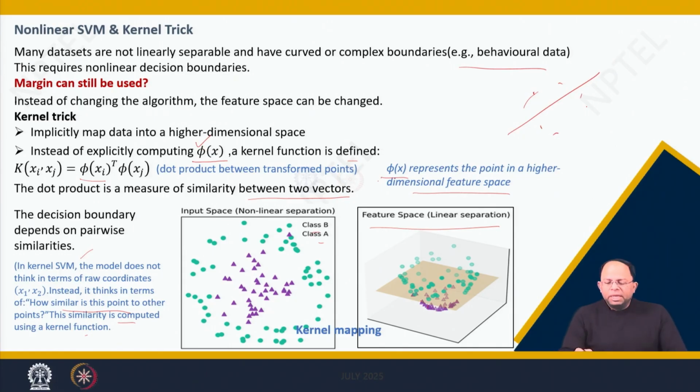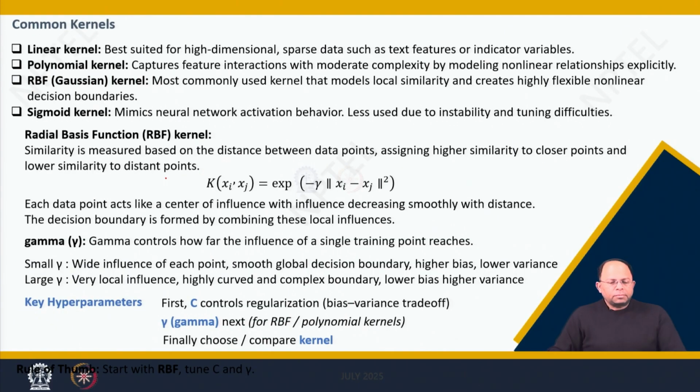But once we do that, it becomes very difficult to compute the distances and then create a plane in between. So instead we find the similarity between the point which needs to be predicted and the existing points, and that is how the kernel trick avoids detailed computations and still classifies these data points.